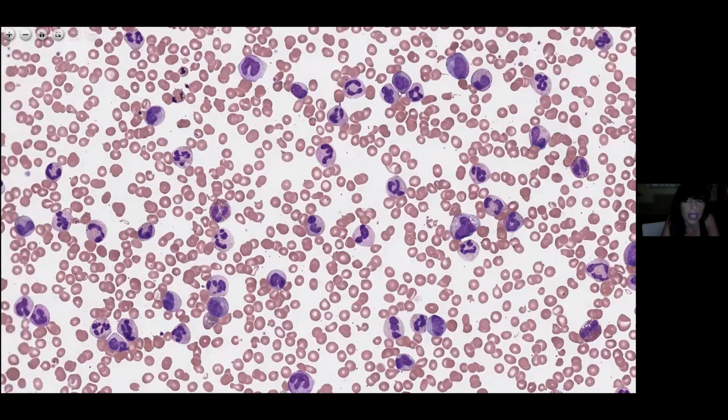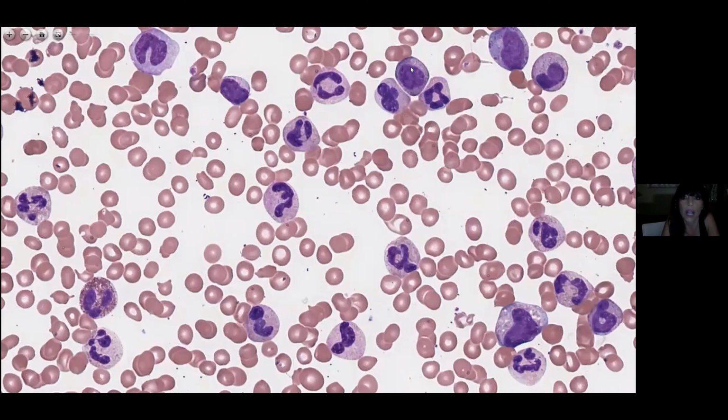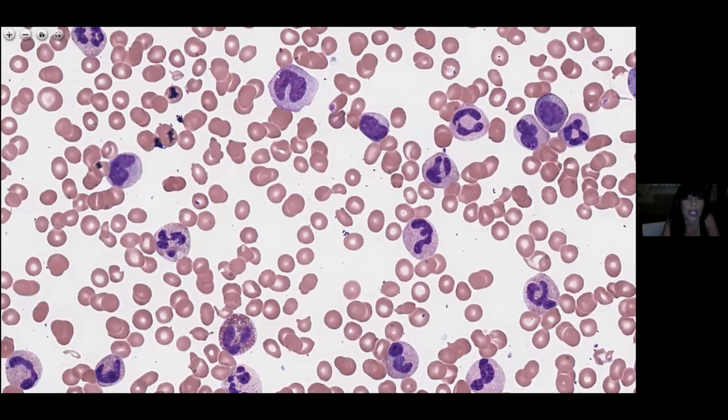A myelocyte there with its nice round nucleus. It has a darker cytoplasm, more blue and basophilic than the segmented, more mature cells around it. And a nice big horseshoe shaped nucleus for our monocyte.